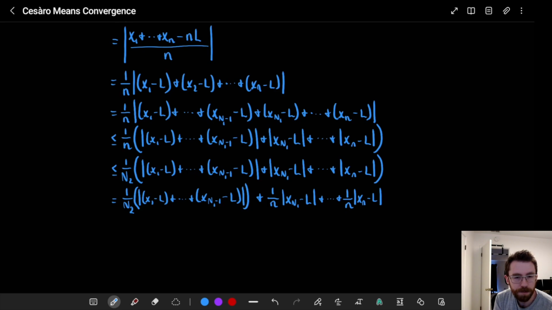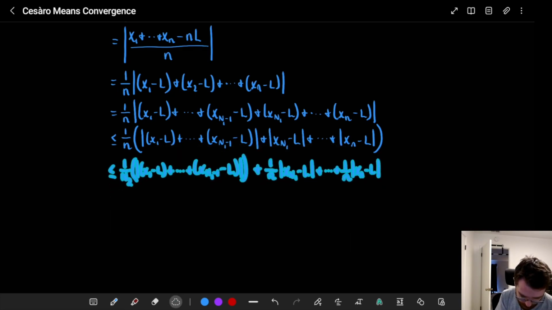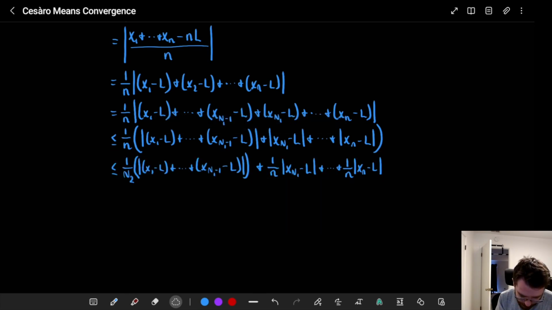It's still sort of true enough. I've probably messed something up slightly. I'll go back and edit a little bit, perhaps. So that can stay, that can stay. This should be true. I'll scoot this line up, so this is less than or equal to that. Okay, so corrections made. This looks fine now, right? I need the less than or equal to because 1 over n is less than or equal to 1 over big N2.